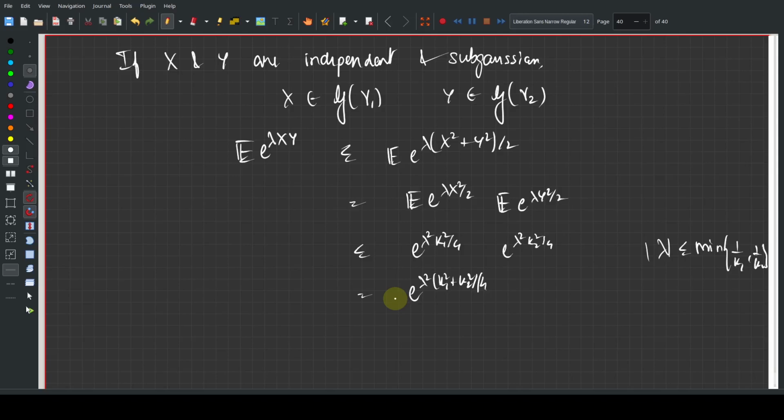You mean from here to here? I'm just using property 3 of sub-Gaussian random variables.